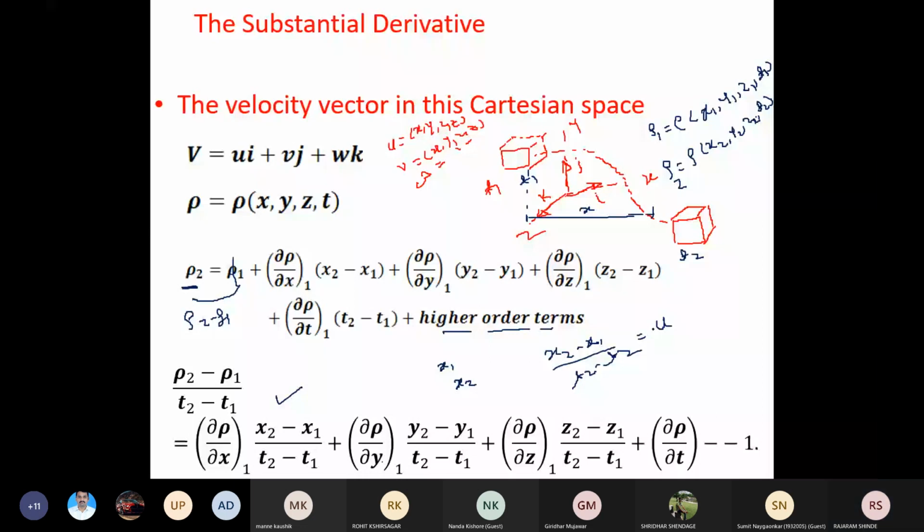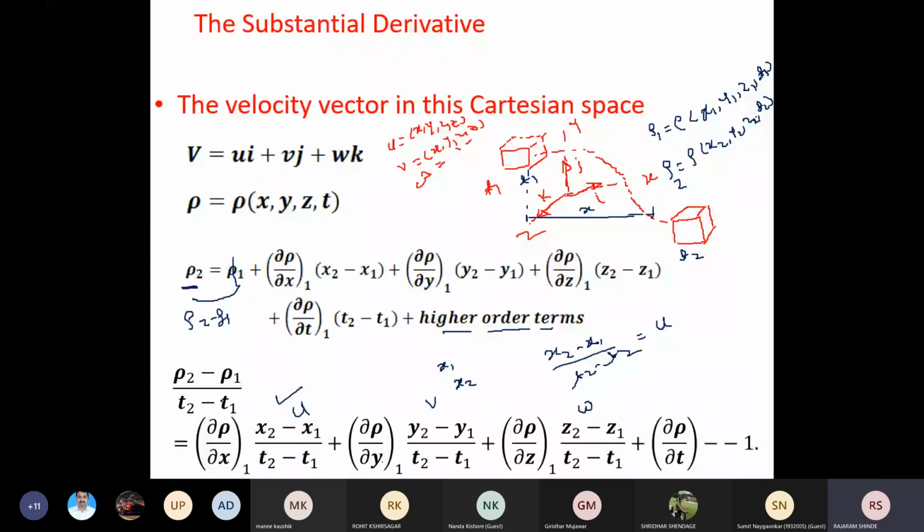Now this is about this term. Here you will get u, here you will get v, because it is in y direction. Okay, here you will get w. Next, rho 2 minus rho 1 divided by t2 minus t1.